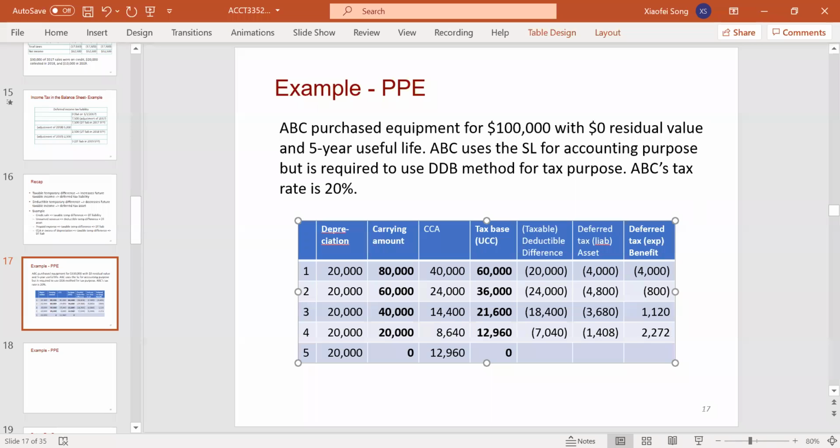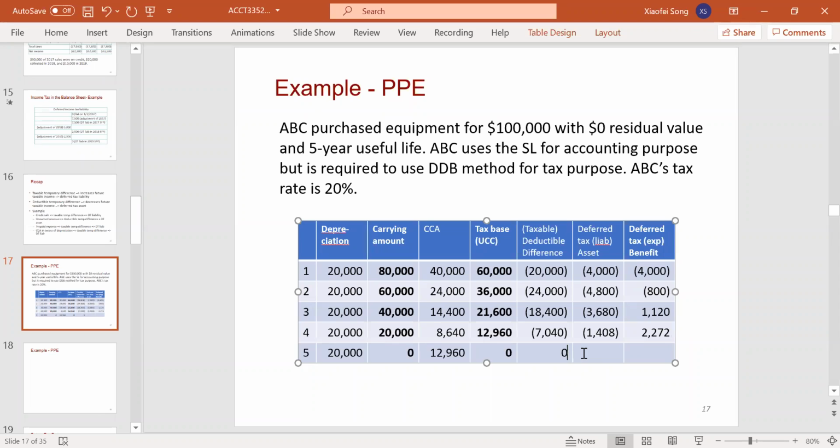Yes, 2,272. So if you debit deferred tax liability, you would have to credit deferred tax benefit. So again, this is benefit. And the last year, there's no difference anymore.